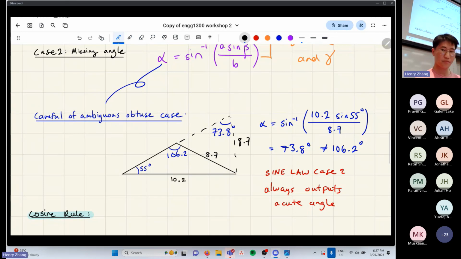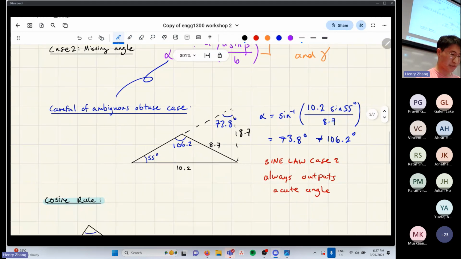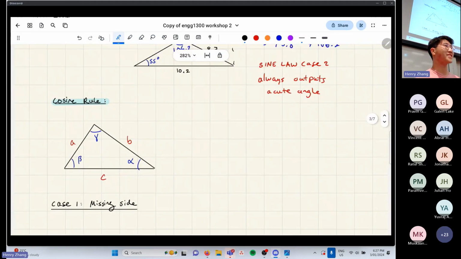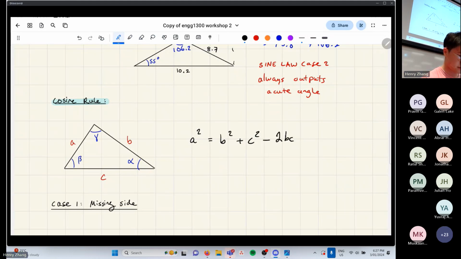Okay. Cool. Next, I'll quickly go over the cosine rule. So there's no ambiguous case for this one, but I've just laid it out like how we did previously for the last triangle. The formula goes like this. Right? Cool.